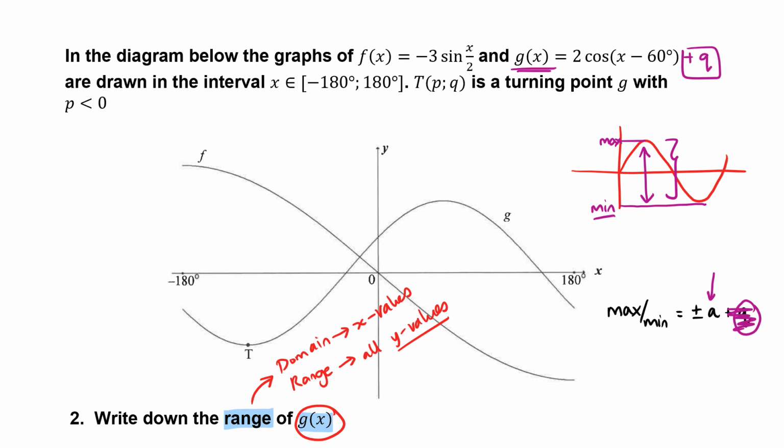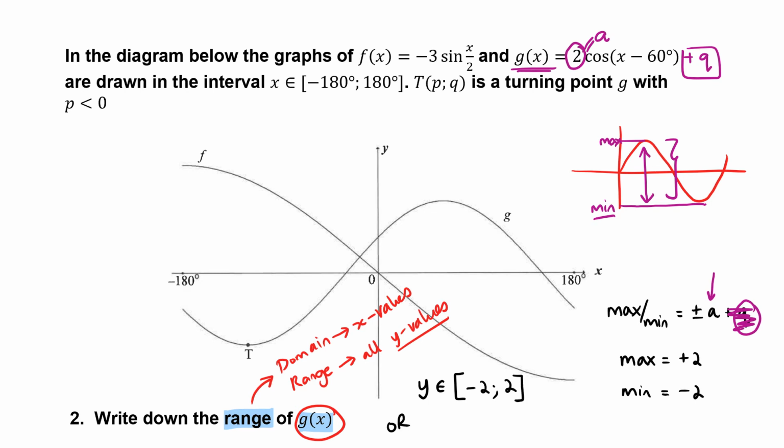And so we know that our maximum will be plus or minus 2, because that 2 there is our a value. And so you can take away then that your max is equal to positive 2 and your min is equal to negative 2. And so your range, you would write it out as y is an element including from negative 2 to positive 2.